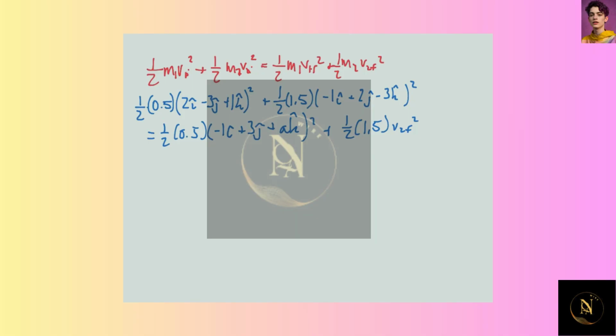Now squaring the i's, j's and k's is actually easier than it looks. We don't have to do this as a double set of parentheses because the i's only interact with the i's, because everything here is perpendicular.